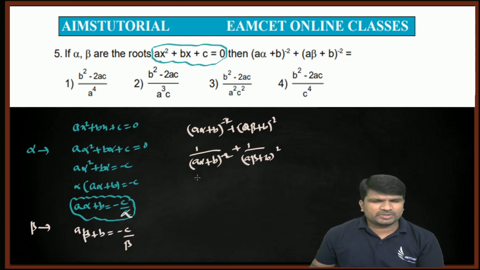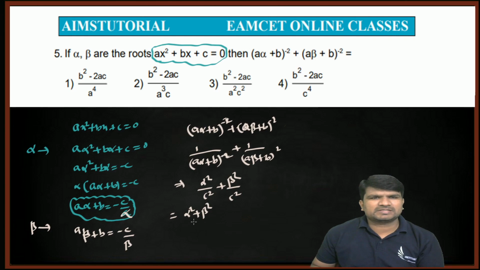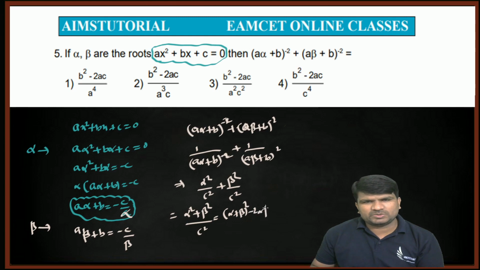So doing square on both sides, it becomes alpha square by c square and beta square by c square. Or we can write (alpha square plus beta square) by c square. What is alpha square plus beta square? That is (alpha plus beta) whole square minus 2 alpha beta, by c square. And our value of alpha plus beta is minus b by a.